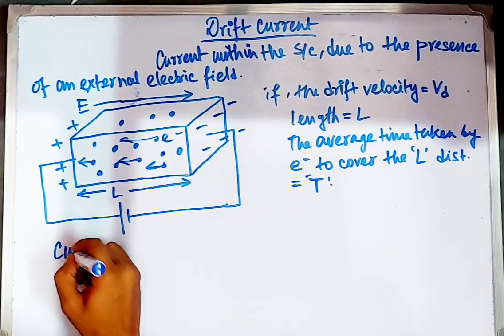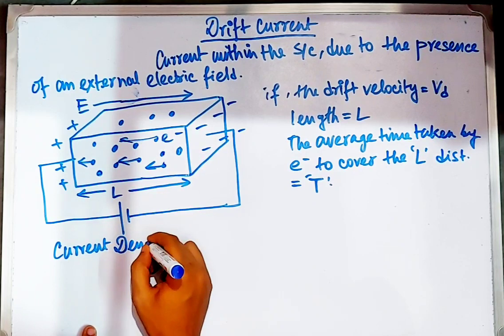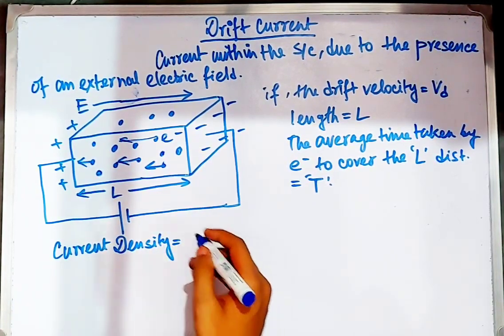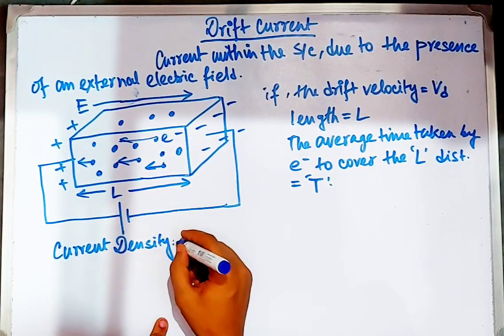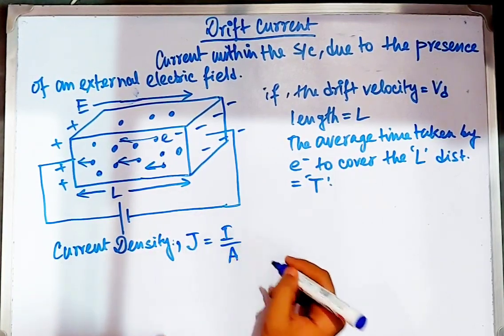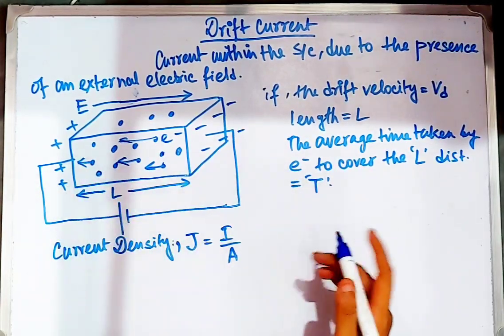Then the current density, that is the current per unit area, is denoted by J. It is I by A if the current I is flowing through this semiconductor.